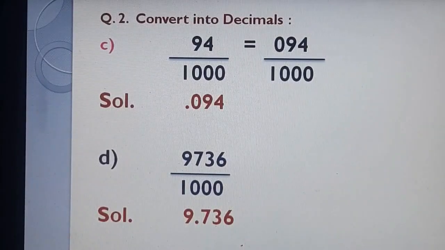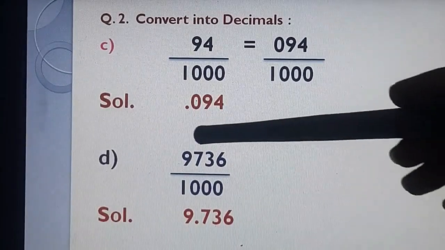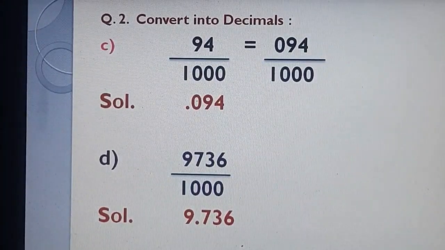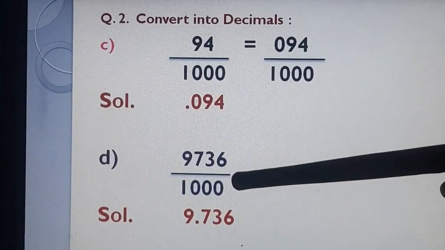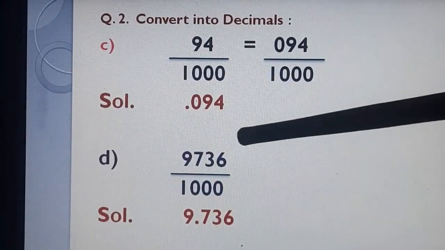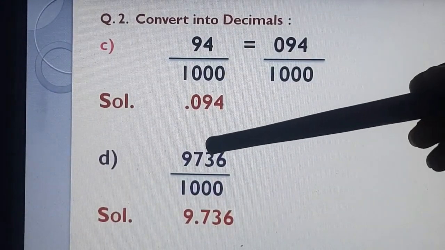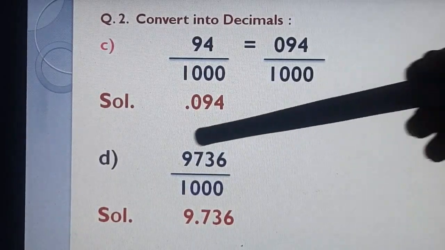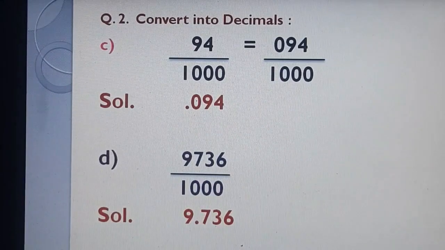Now our D part. 9736 upon 1000. In denominator 1, 2 and 3 zeros are there. Start counting in numerator 1, 2, 3. Here we will put decimal after 9 before 7.